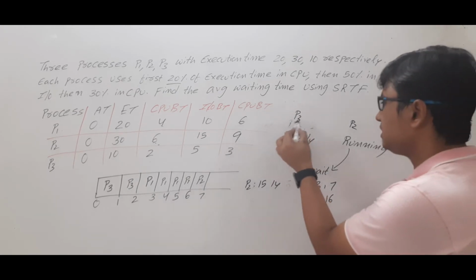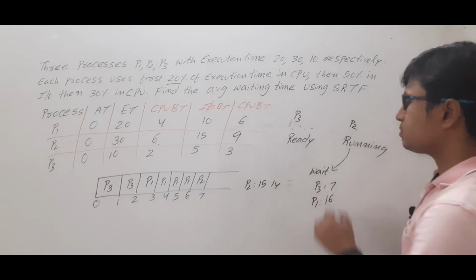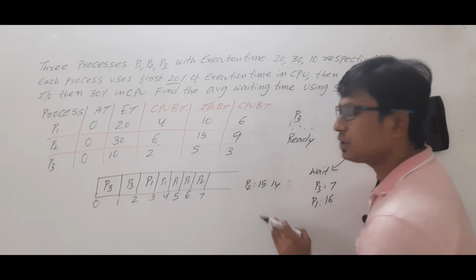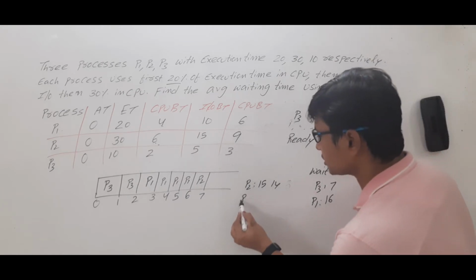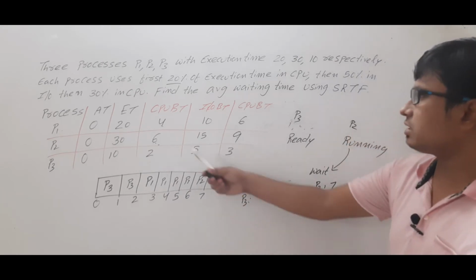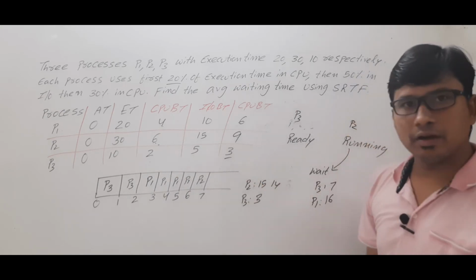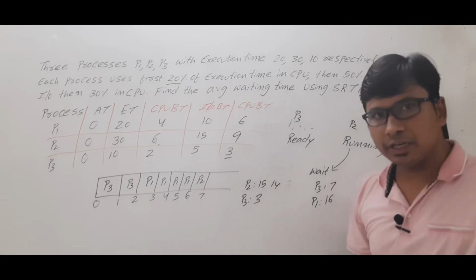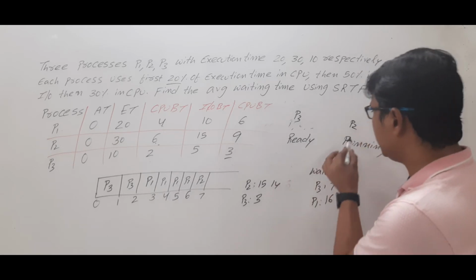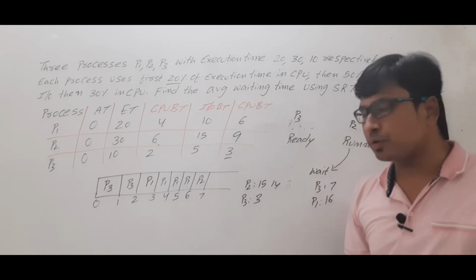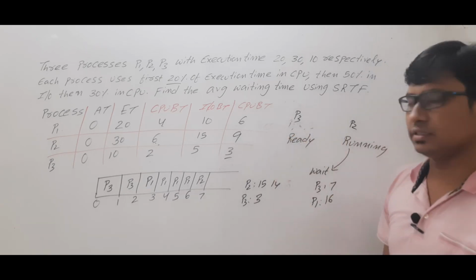Now process P3 is there in the ready state, process P2 is running in the running state. Now we need to look at the burst time of process P3 and P2. What is the remaining burst time of process P3? It is 3. Is it clear? Are you able to understand? So as it is a preemptive scheduling algorithm, we need to look at the burst time of a process in the ready state and the running state.